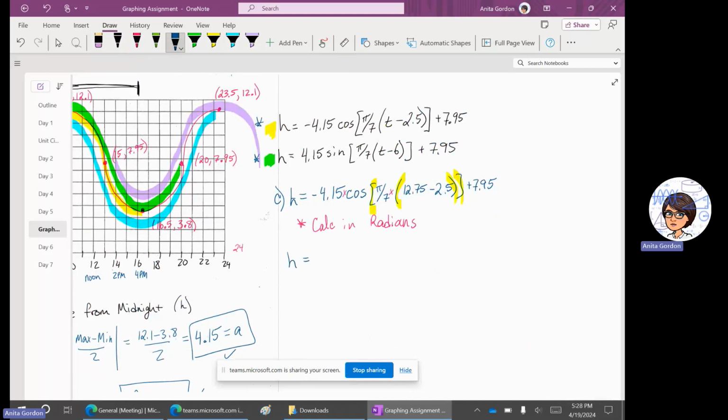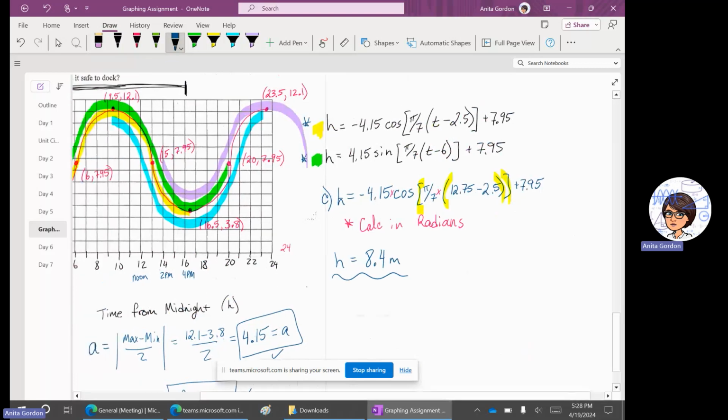Okay, so I'm just going to take a quick moment here and type this into my calculator, pi by 7, open another bracket, 12.75 minus 2.5, close 2 brackets, 7.95. And it's going to give me that the height of the water is about 8.4 meters at that time. And you can even check on our graph.